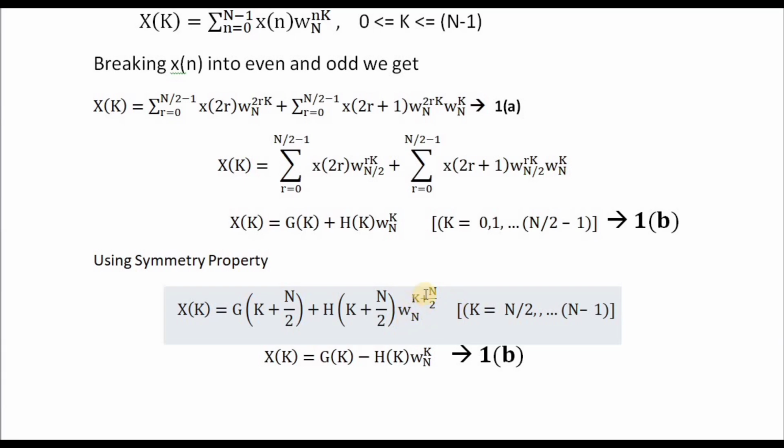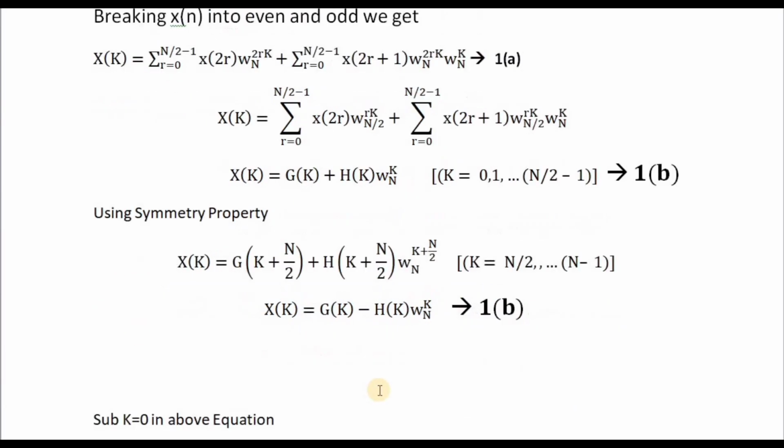So I can write this equation as X of k is equal to g of k, due to the symmetrical property, minus h of k W_N of k. So this equation gets reduced to this, and with the help of this equation I can solve.